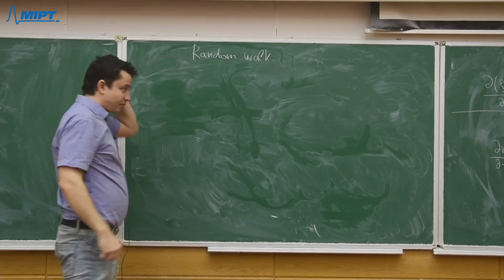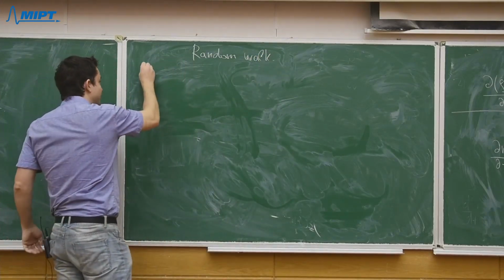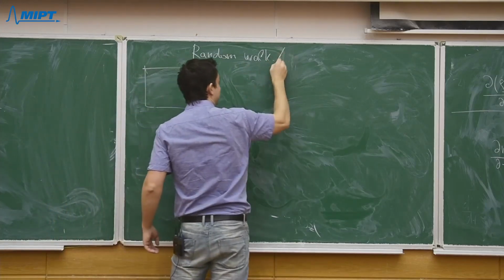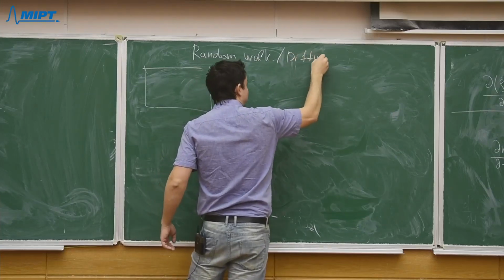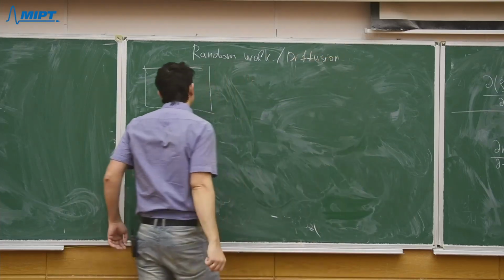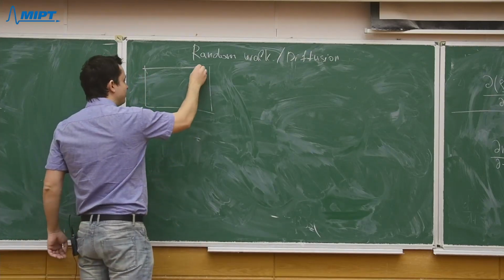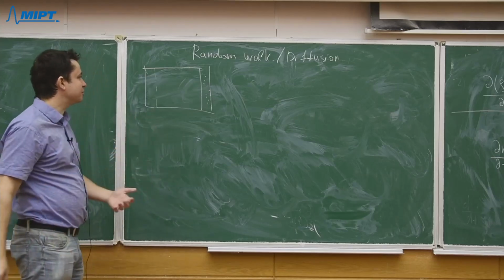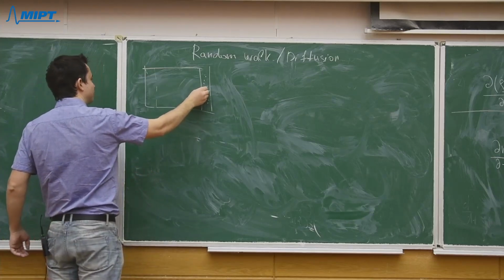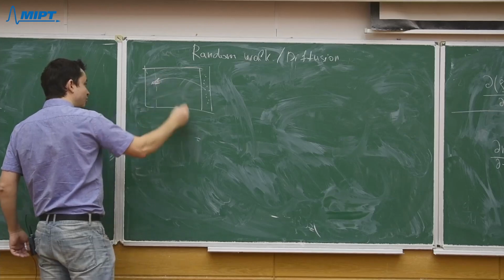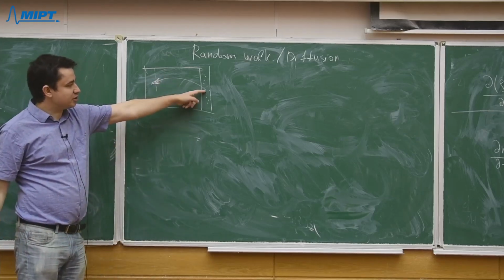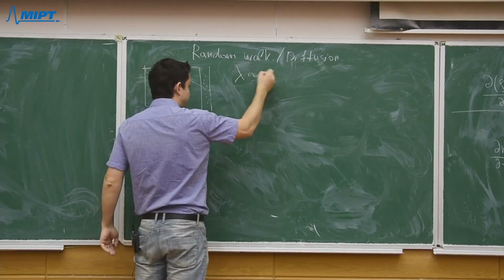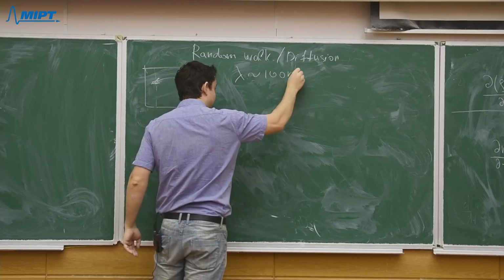So, as I have said at the very beginning, that's random walk diffusion. If we have a larger concentration of molecules here and a lower concentration here, then over time, these molecules would travel from here to here. But of course, the distance between this part of the vessel and this part of the vessel usually is much larger than lambda, which is approximately 100 nanometers.